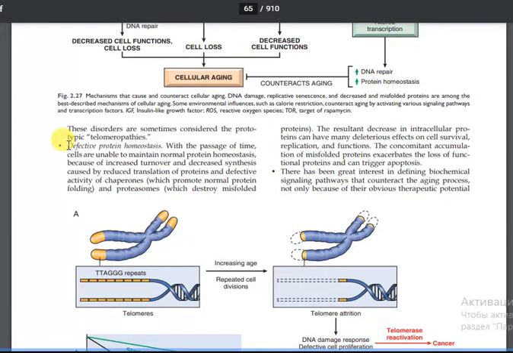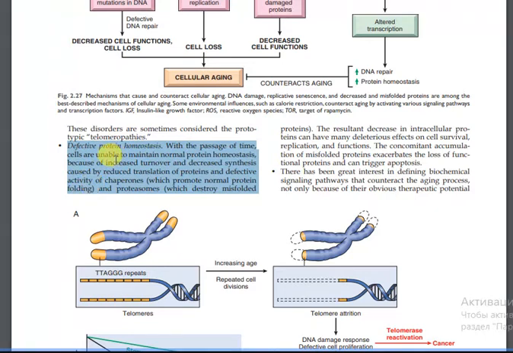The next type of aging of the cell is defective protein homeostasis. Defective protein homeostasis is caused by decreased protein synthesis in one way, and secondly, by strain of proteins. So proteins are not replaced with newly produced proteins in ribosomes.